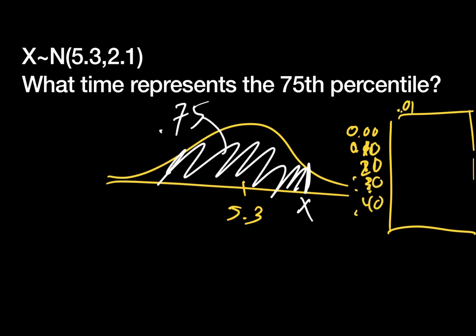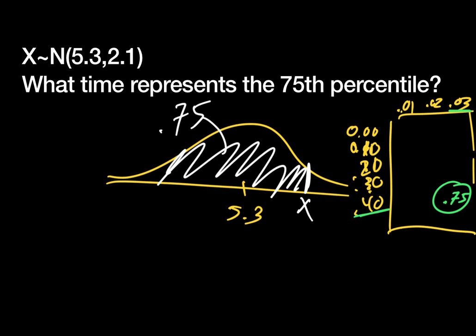Across is 0.01, 0.02, 0.03, etc. What you're looking for will depend on what table you have. There are some tables that give you this whole area. If that's the case, I'm looking for the number closest to 0.75 inside the table, and from that, it'll tell me what the corresponding z-score would be.